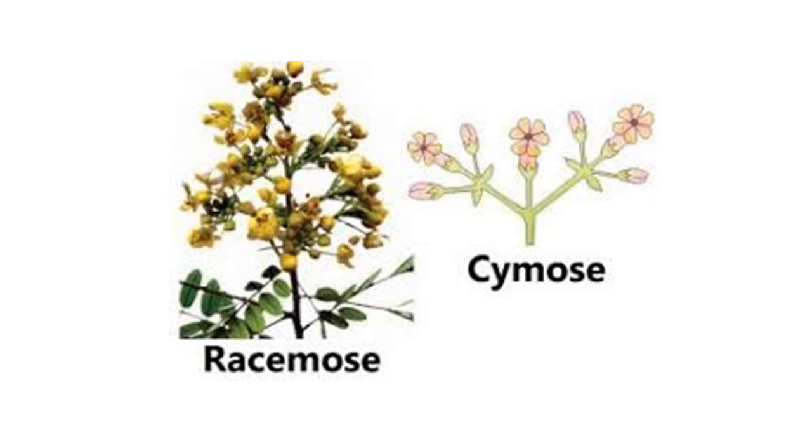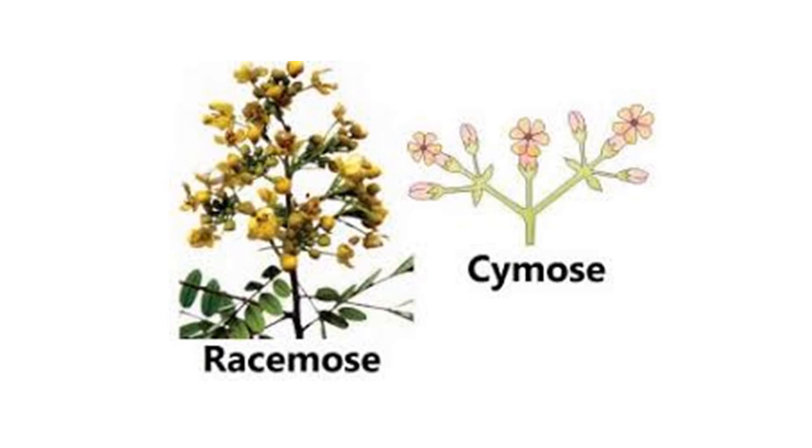This picture gives us a clear idea about both types of inflorescence. Now we can compare racemose and cymose inflorescence. Here in racemose inflorescence, you can see the continuous development of flowers takes place, and it is in acropetal fashion. But cymose inflorescence is a different arrangement than racemose.